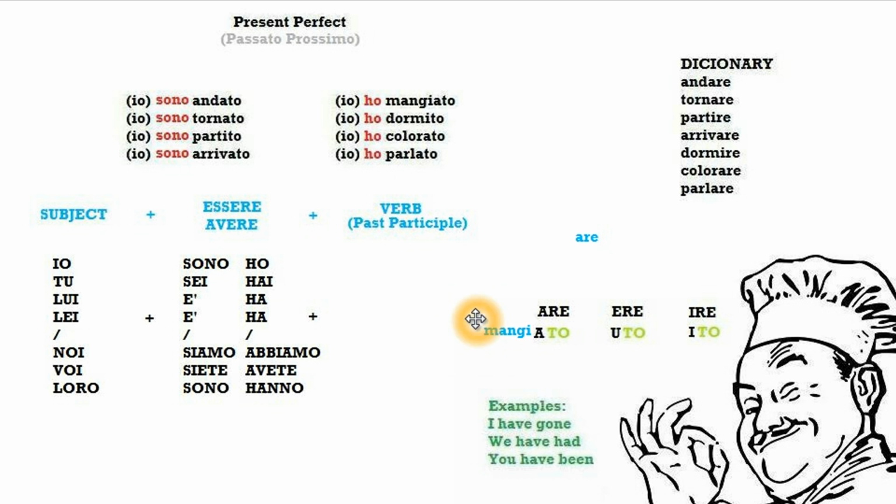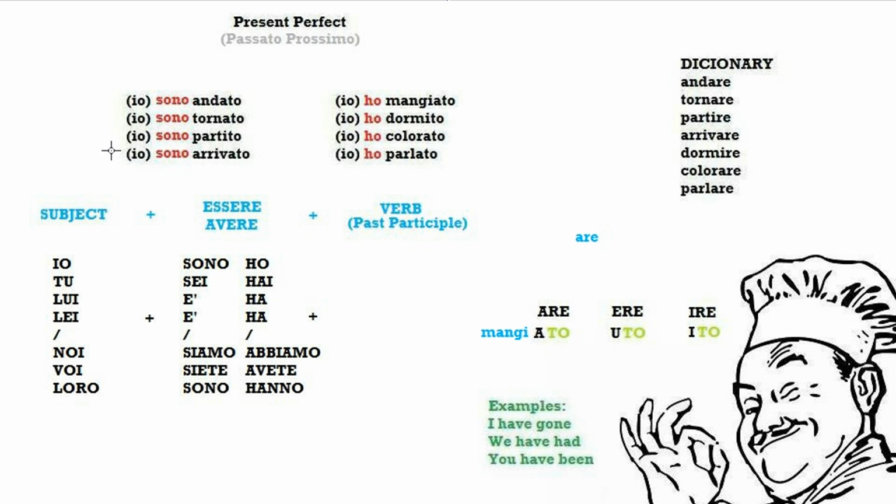And here you go. We have the past participle of the verb to eat, mangiato. So all you have to take away from this video and take notes of is this table that basically enables you to create the past participle out of any verb in Italian.